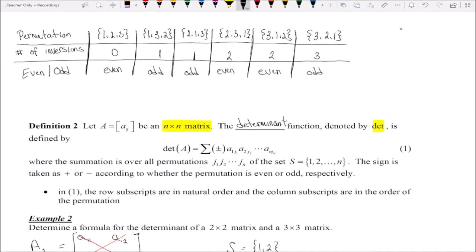Then we have two odds, then two more evens, and then an odd. Just for aesthetics reasons, let's do all the positive terms first. So first, we will use this permutation. Next one we'll use is that. Then the third one we'll use is that one.